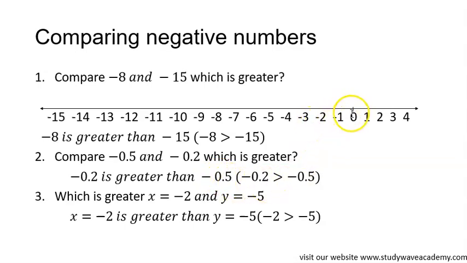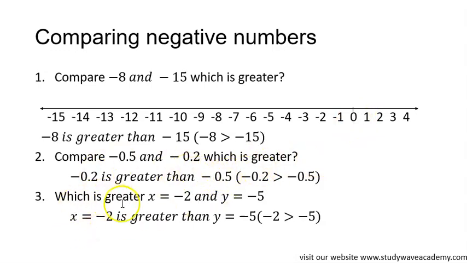You know, from here is minus, right? So 0.2 is somewhere here. 0.5 is somewhere in the middle here. So 0.2 is closer to 0 than 0.5, which is somewhere here. Okay, do you understand? So -0.2 is greater than -0.5.